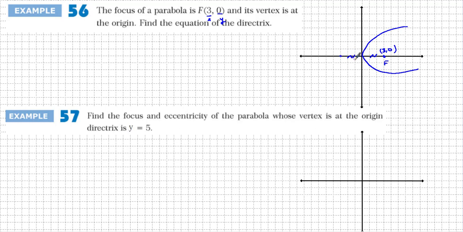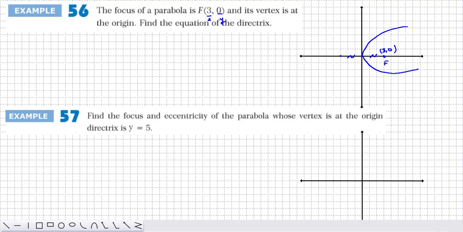So this is the point that the directrix is passing through, and the directrix should be perpendicular to the axis on which the focus lies. So it should be like this, and I'm drawing that now. This is the directrix.